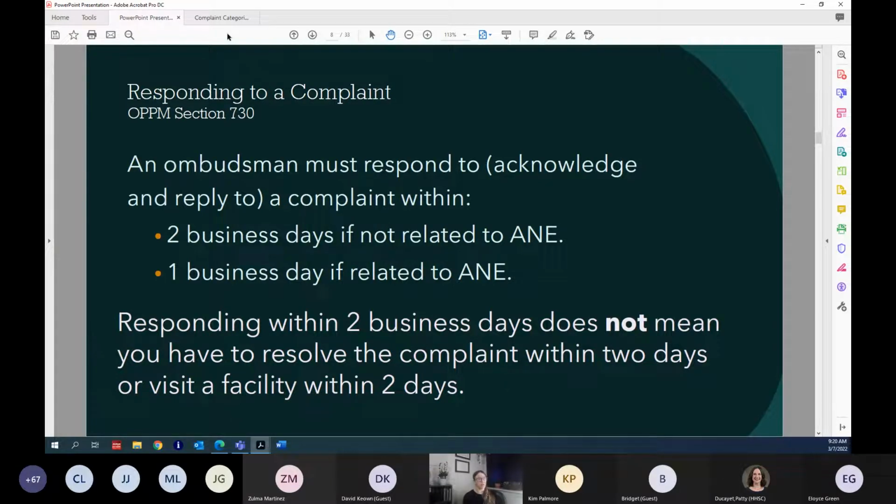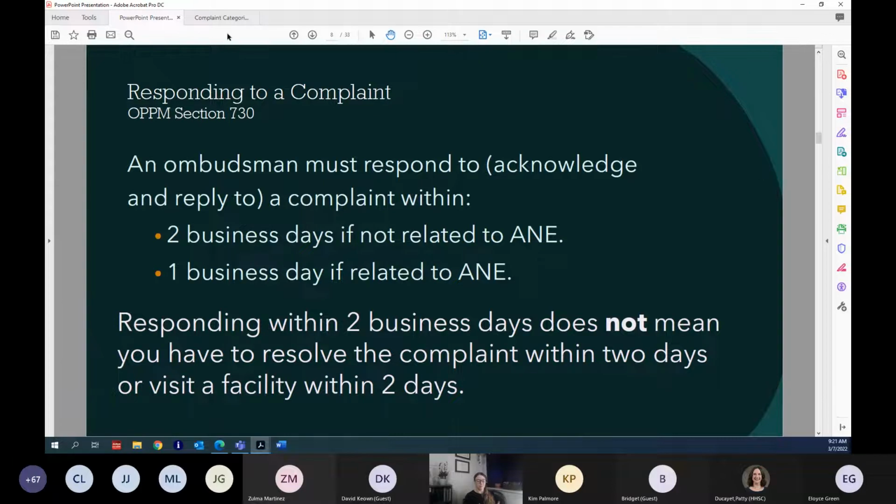One thing that we wanted to highlight is that a complaint response does not mean that you have to resolve the complaint within 2 business days or visit the facility within 2 business days. A complaint response is acknowledging the complaint, letting the complainant know whether or not it's something that you as an ombudsman can help with, and starting the process.